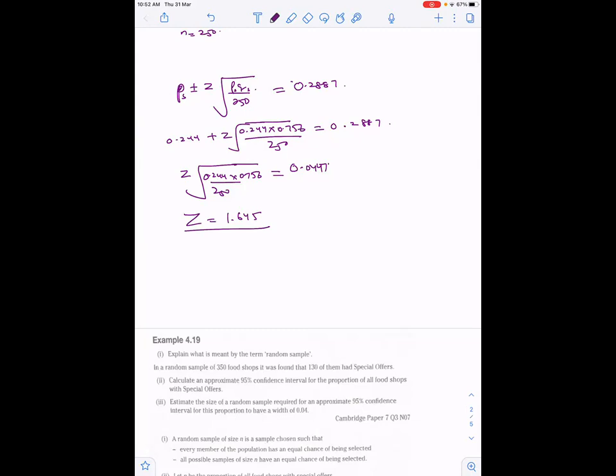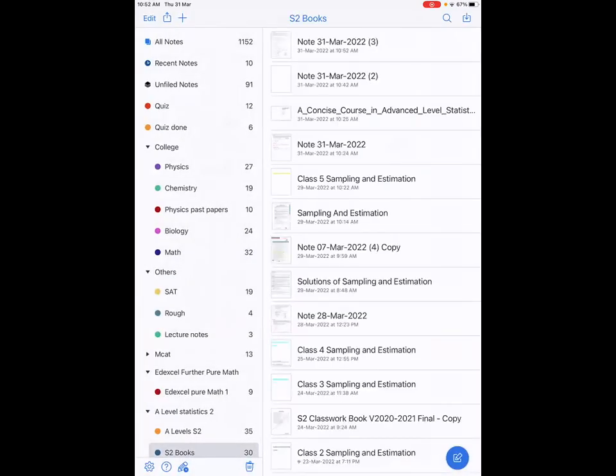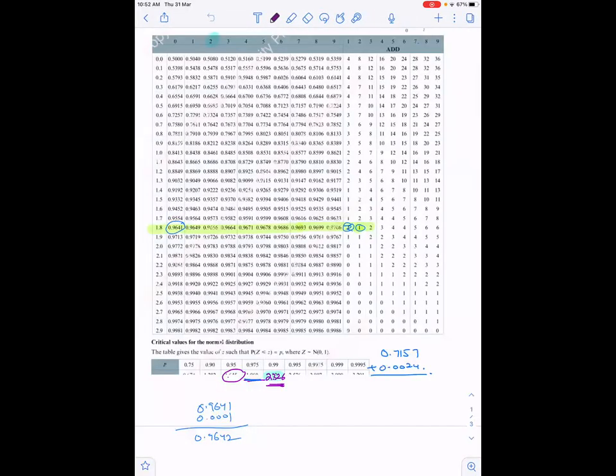go to the normal distribution table. It's here. 1.645 is written here, although it is cut out from here. 1.645 is 0.95.